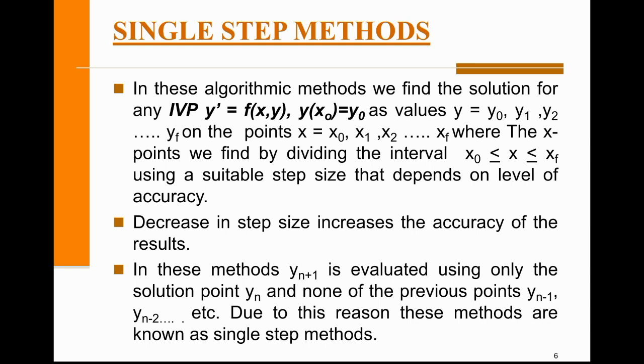With the help of x0 and y0, we will find y1. Similarly, with the help of x1 and y1, we will find y2 and so on. That's why these are called single step methods, because they use previous step values to find the next step values. In these methods, we can increase the accuracy by decreasing the step size also.